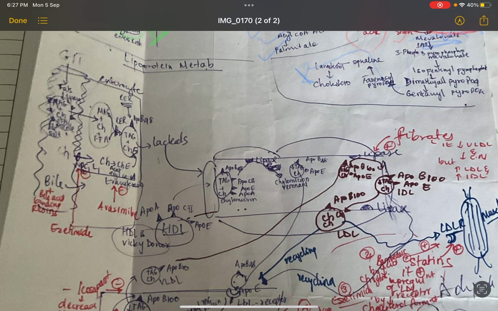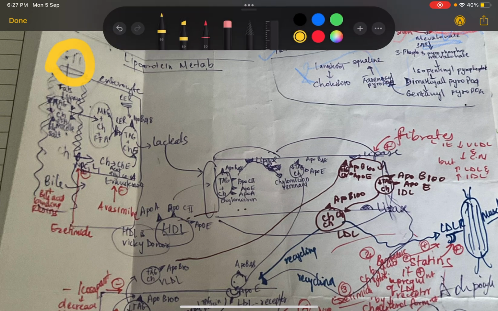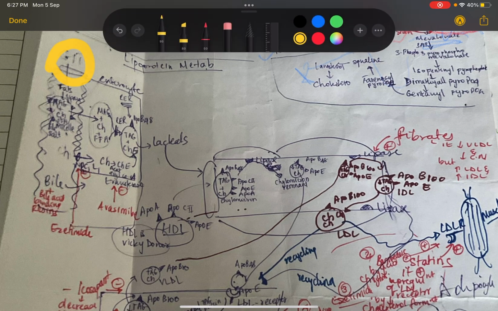All right, so you have a GIT, the gastrointestinal tract. You take fats, you take lipase. Your fats are broken down into triacylglycerol, cholesterol, and free fatty acids if you want. And once you have that, it's all put into a micelle. The bile salt is covering it, and it goes into the enterocyte. When it goes into the enterocyte, you have chylomicrons.